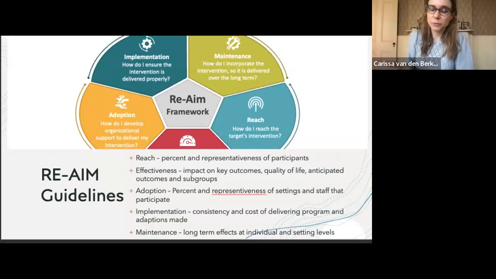I mean, does it create any kind of cost savings for the money that has to be spent? Can the setting sustain the program over time, without added resources and without somebody having to advocate for it or provide leadership for it?